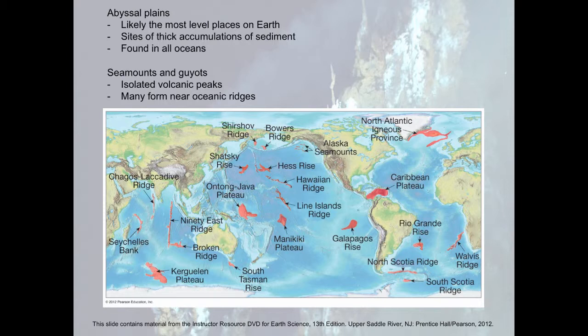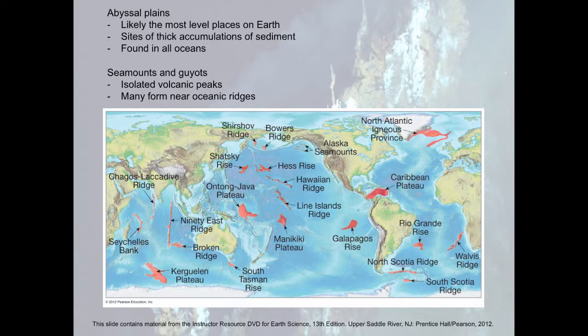Because sediment is accumulating in low energy, long time scale environments, they're very, very level. There's very little deformation. There's very little erosion. There's very little of the processes that would otherwise change the shape and nature of these deposits. They're very, very flat.